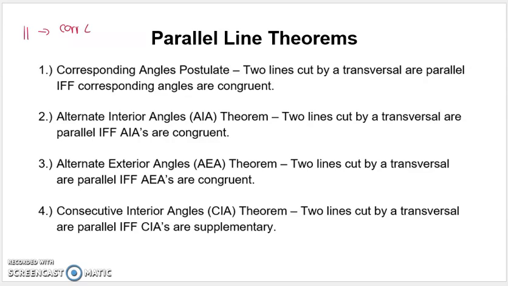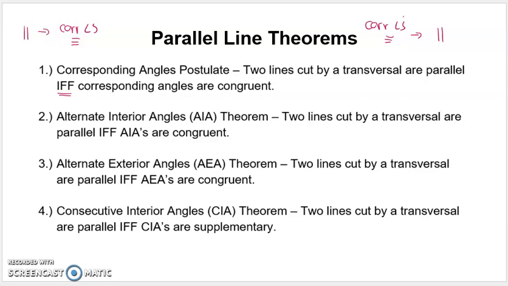If and only if is a specific mathematical term. It also means the reverse is true. If the corresponding angles are congruent, then I also know that the lines cut by a transversal are parallel.